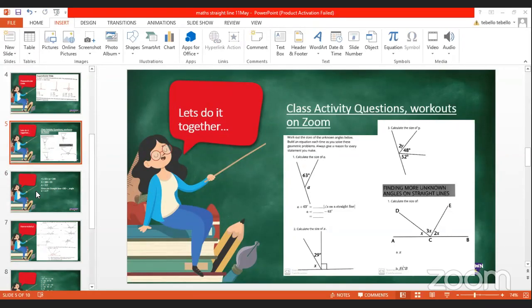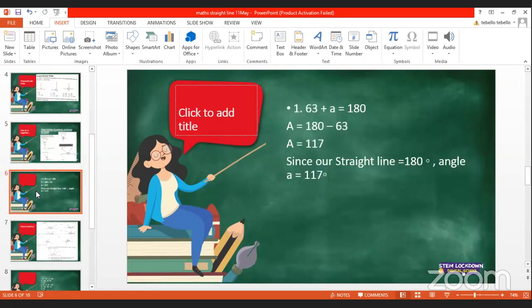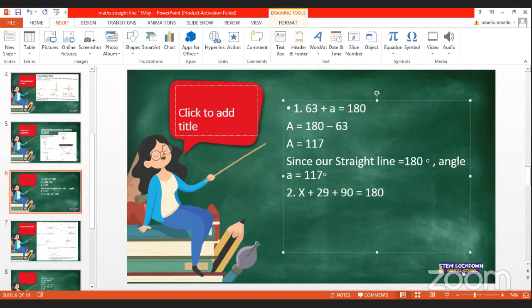So let's do our equation first before we give our final answer. Our equation will be x plus 29 degrees plus 90 degrees equals 180 degrees.